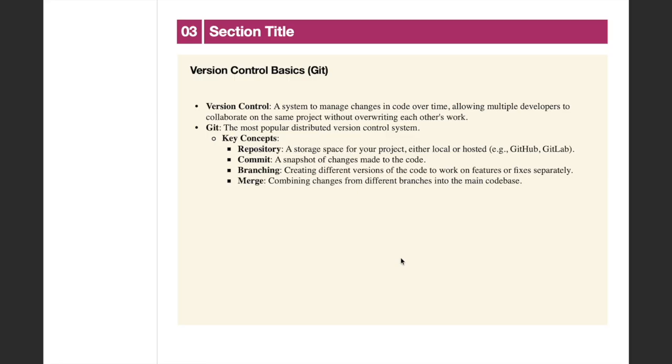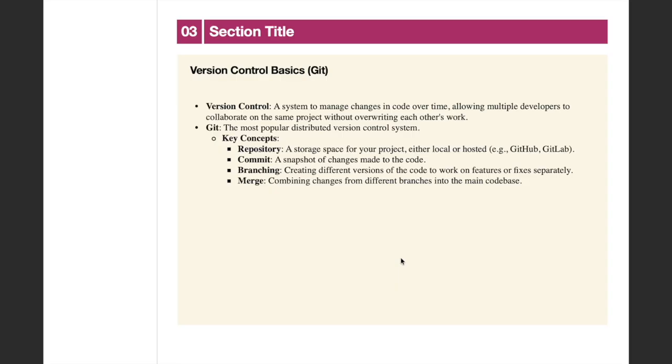Then we have branching. Let's say your website is live and working perfectly, but you want to add a crazy new feature like dark mode. So you don't want to experiment on the live code and break it. So you will create a branch. This will create a different, separate version of code for you to work on the features or fixes safely.